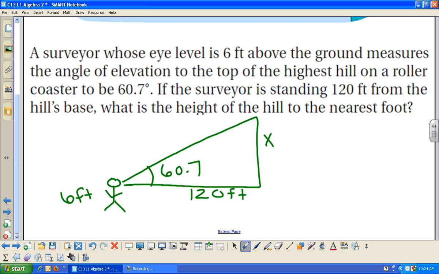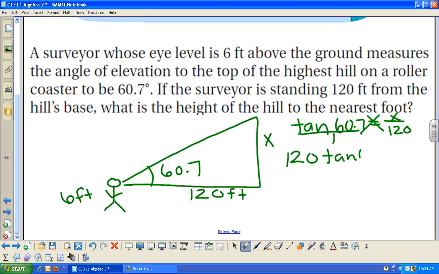So I have to look for my opposite, and I have adjacent. So that'd be TOA. So tan of 60.7 will be equal to my opposite over my adjacent. Here, cross multiply. So 120 times tan of 60.7 is equal to x.